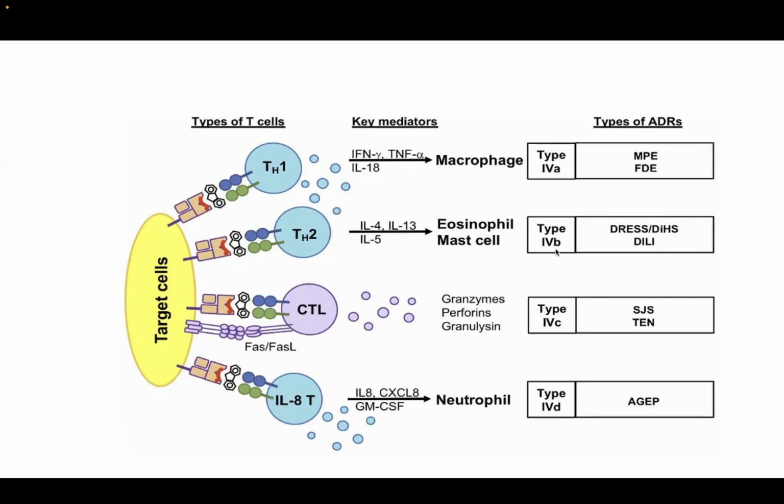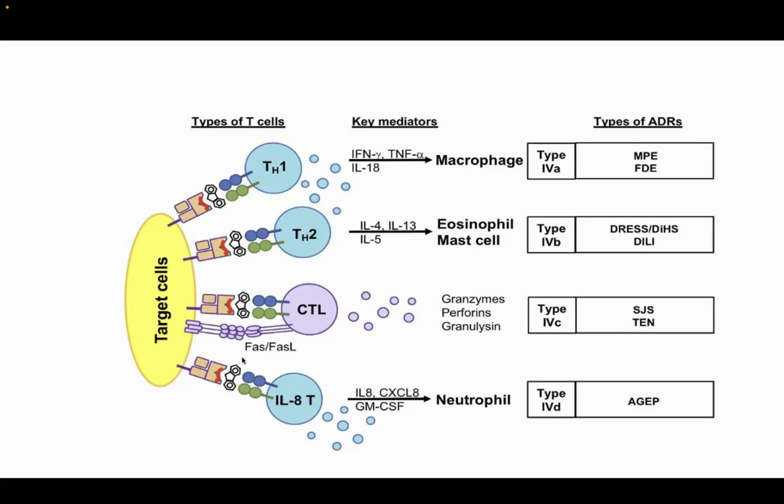While in type 4B, where the phenotype is DRESS, or drug-induced hypersensitivity syndrome, or drug-induced liver injury, it is usually mediated by T helper 2. And the key mediators are interleukin 4, 13, 5, and the cells activated are mainly eosinophils and mast cells. While type 4C, with a phenotype of Stevens-Johnson or TEN, is mainly mediated by cytotoxic lymphocytes.